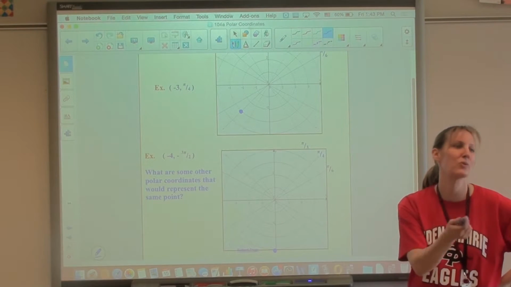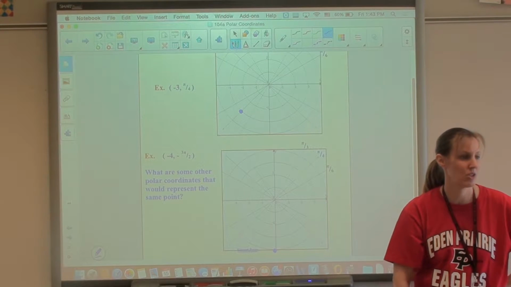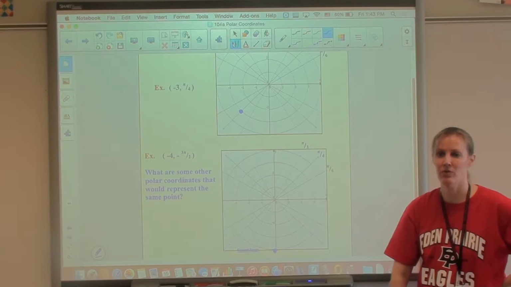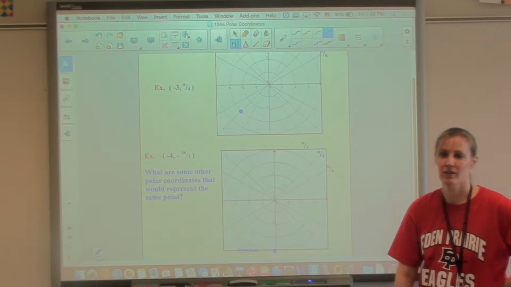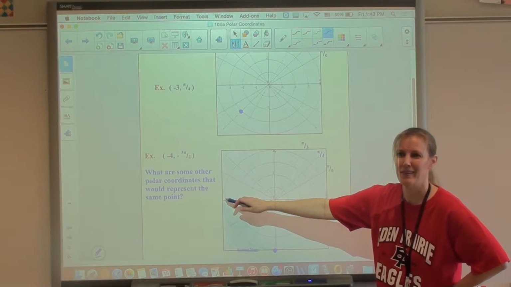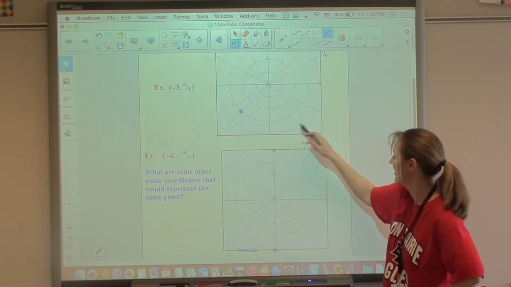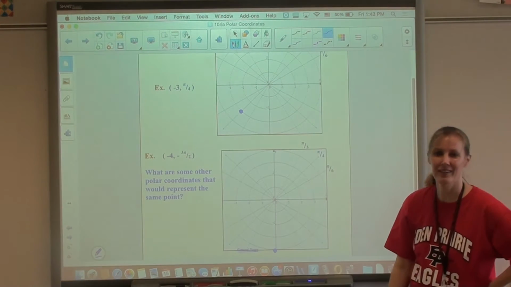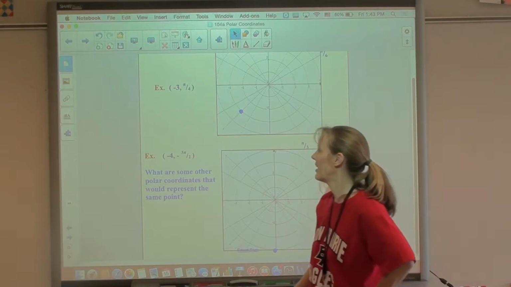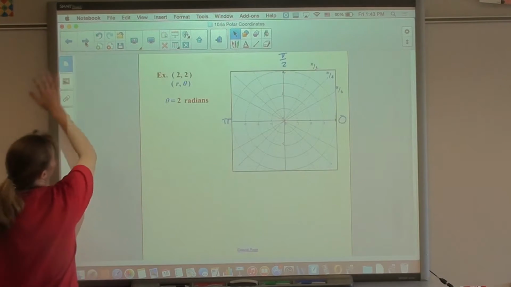There's an argument for always doing the theta first, because that negative radius is gonna throw you if you do the radius first. You could do a radius and then go negative 3 pi, think about it. Both of them could work. I think the theta is generally a little easier.